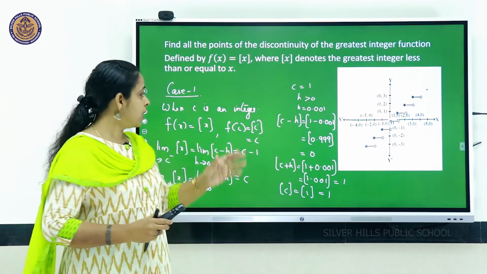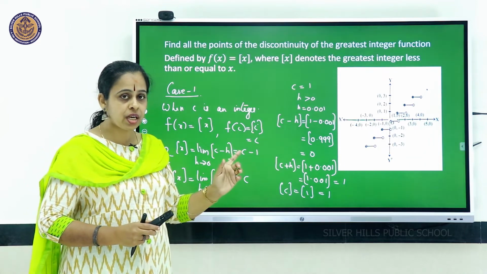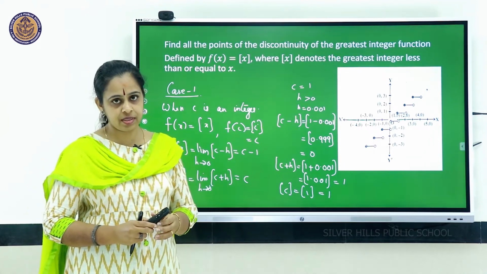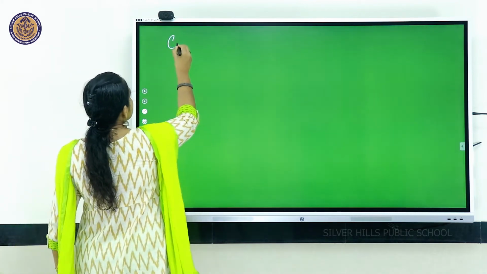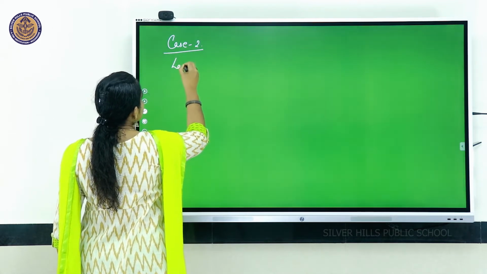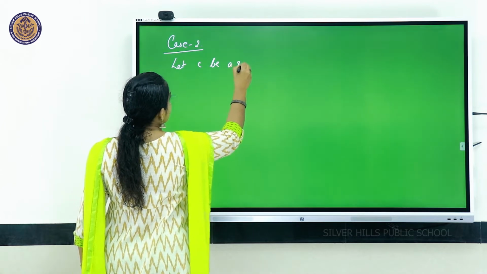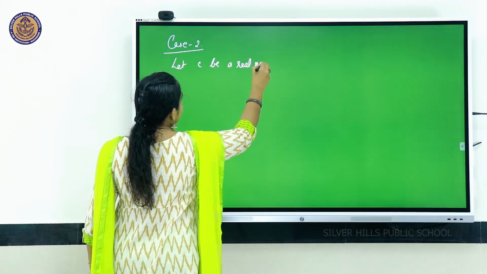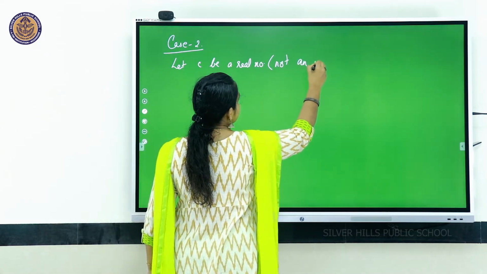So at integral points, the box function is discontinuous. Now, let us see non-integral points. Case 2. Let c be a real number, not an integer.